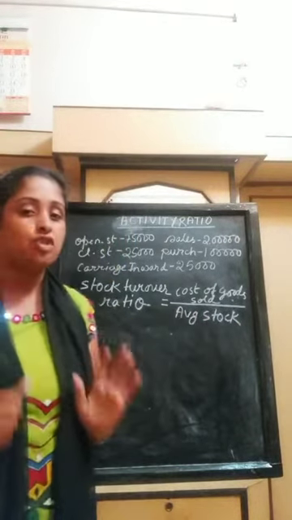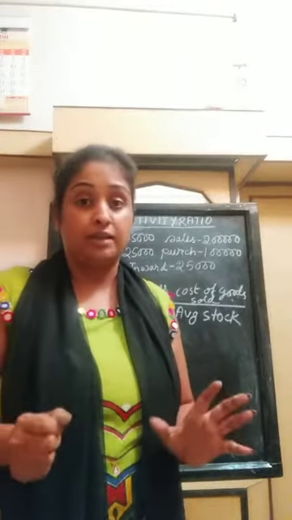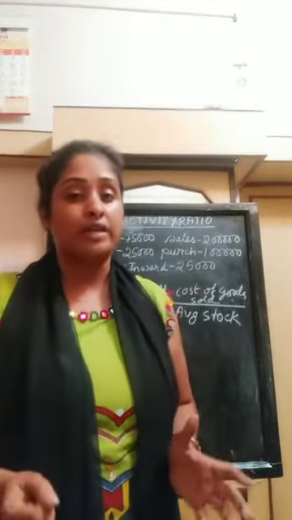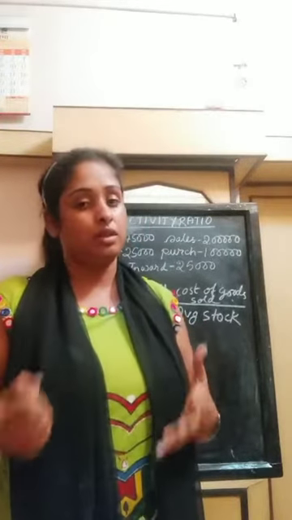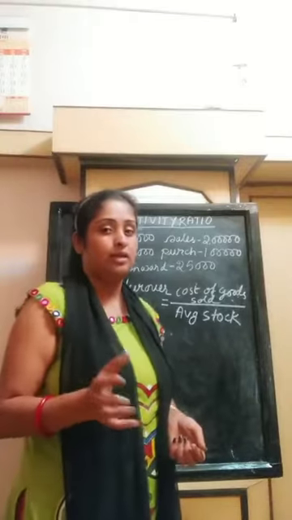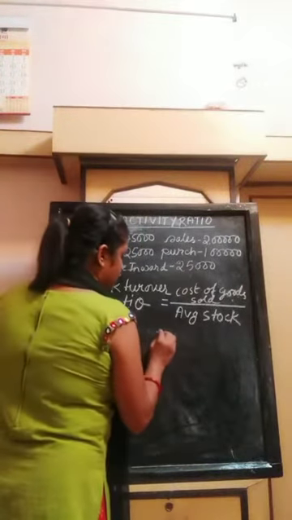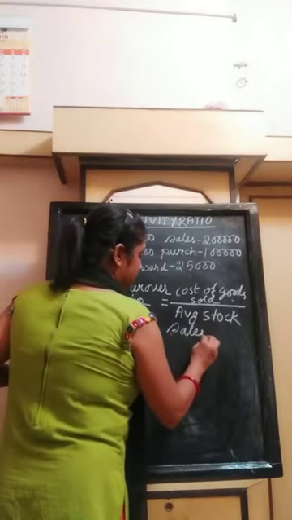But generally it is not given like that. You are given various items from which you have to find out the cost of goods sold and the average stock, divide them and find out the stock turnover ratio. Now cost of goods sold you can generally get by subtracting gross profit from sales.